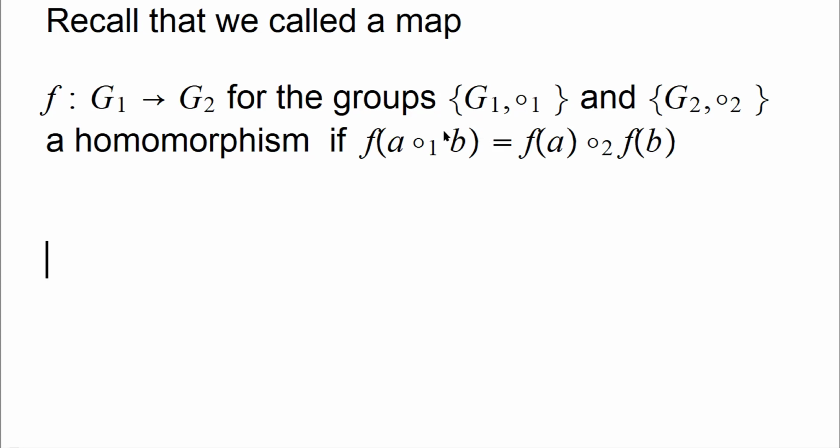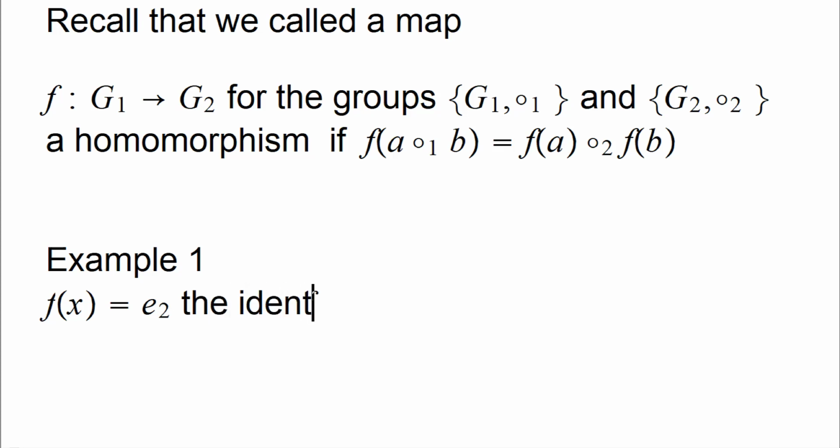For instance, if I have any group G1 and any group G2, I can define f of x, where x is an element from G1, equals E2, the identity in the group G2.